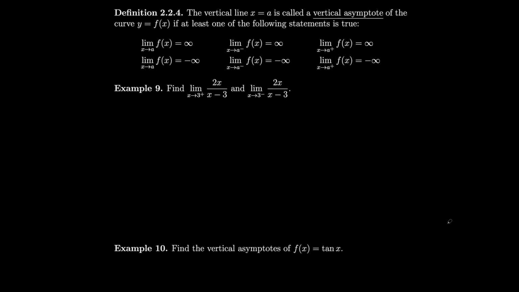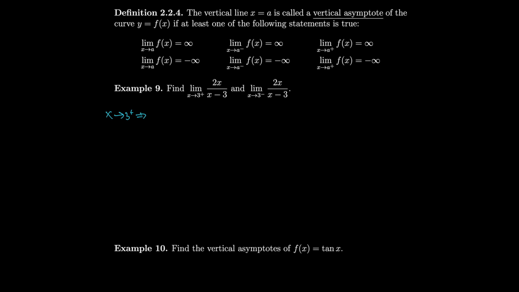So let's do an example. Let's find the limit of 2x over x minus 3 as x approaches 3 from the right, and the limit of 2x over x minus 3 as x approaches 3 from the left. So as x approaches 3 from the right, that means that we're going from like 5, 4, 3.5, 3.1, etc. We go values that are a little bit bigger than 3, but very close to 3.